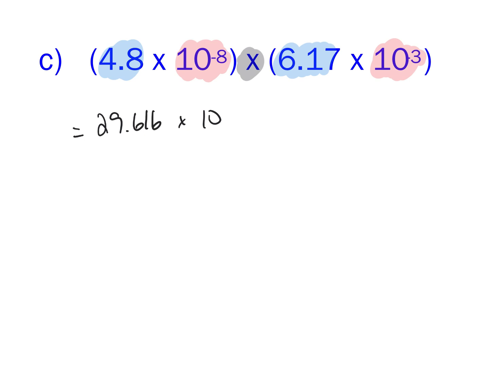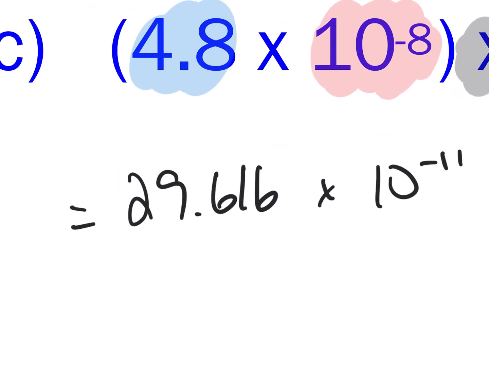Negative 5. Nope. Now, you might have missed this. That's a negative 8. This is a negative 3. Negative 11. Nice. So that's good, right? Not quite. Here's the difference. There's nothing wrong with this, by the way. It's just not done. It tells us to write these answers in scientific notation. Why is this number here not in scientific notation?